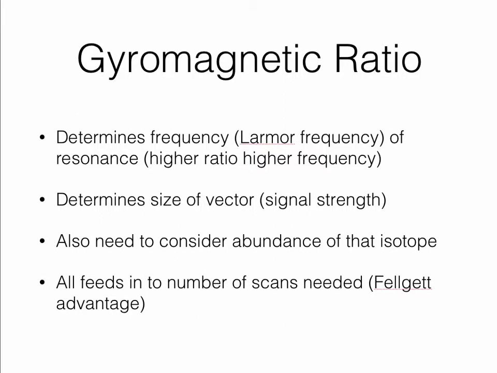Also, when you're considering the strength of a signal in an NMR experiment, you need to consider the abundance of the isotope. So all of these things feed together to give you a signal strength, and the signal strength is often very, very weak, and so you need to accumulate lots of scans and take care of the Fourier advantage in order to actually see good spectra.